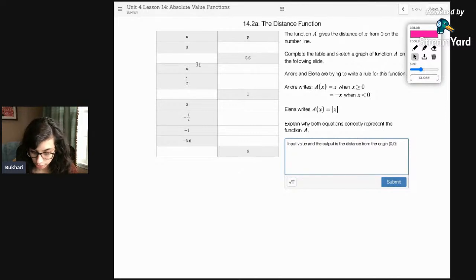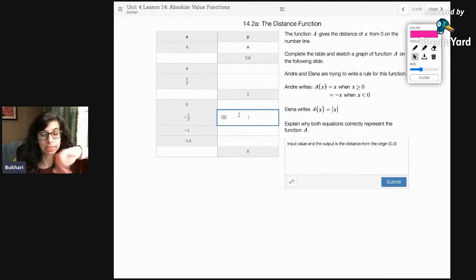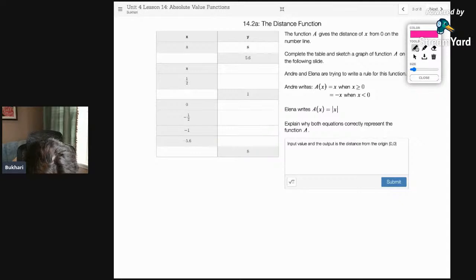So I know that x equaling 8 is 8 spots away from the origin. And when we have -1/2, even though it's negative, it's still only 1/2 away from my point of 0. If you need to draw out a number line, here's 0, here's 8.